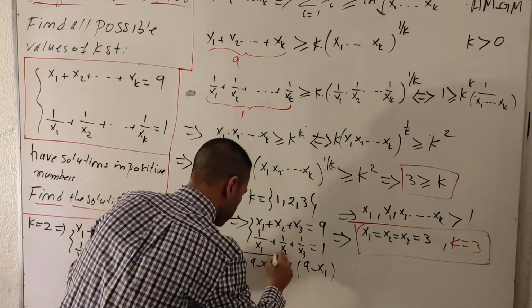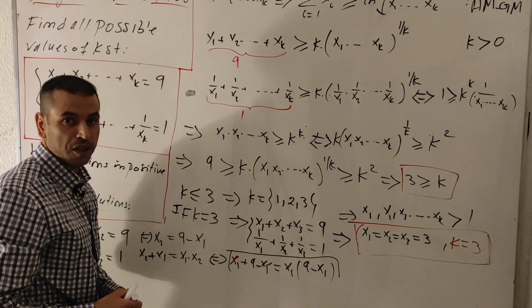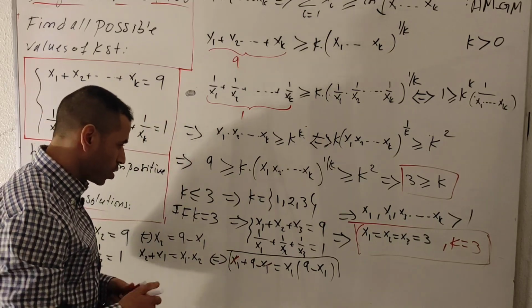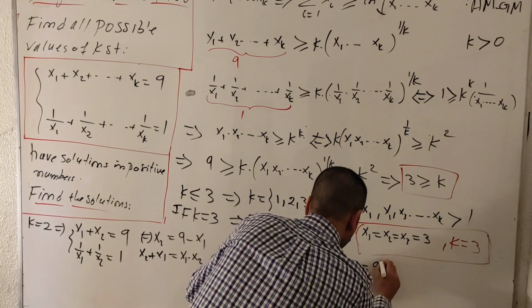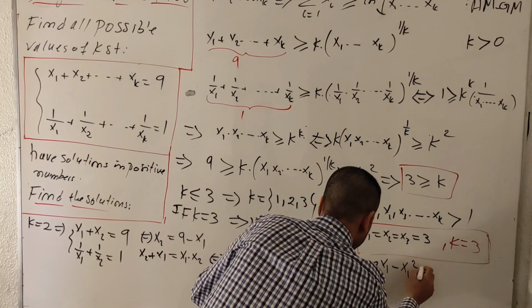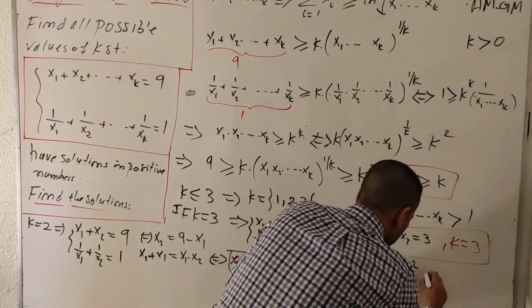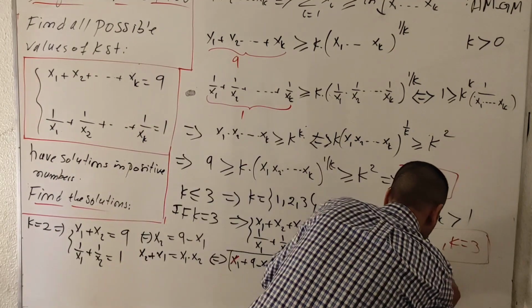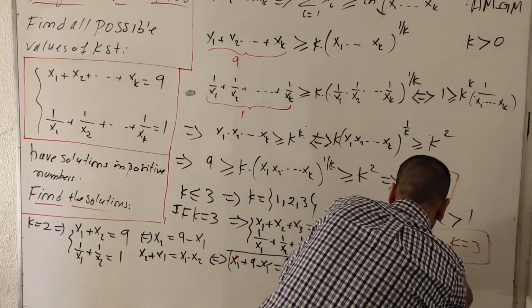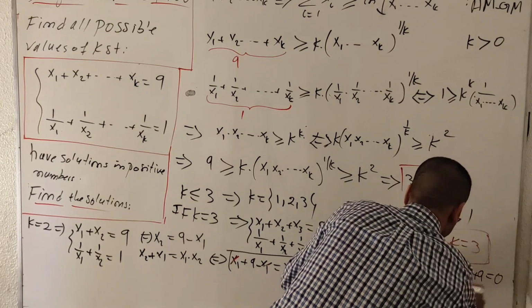So this x1 will be cancelled out, because one is positive and the other one is negative. So we'll have number 9 here equals 9x1 minus x1 squared. By moving over the terms, I will get a quadratic equation: x1 squared minus 9x1 plus 9 equals 0.